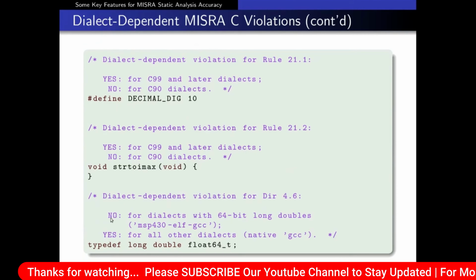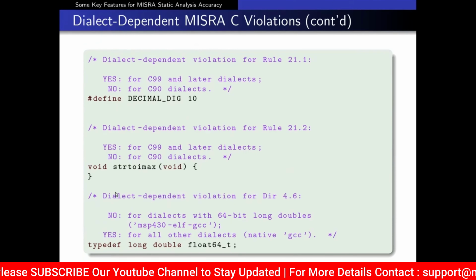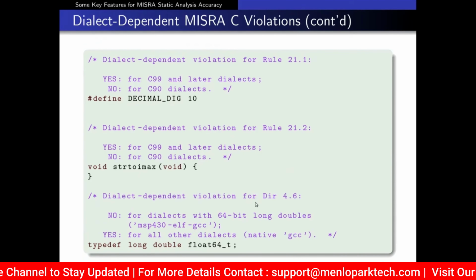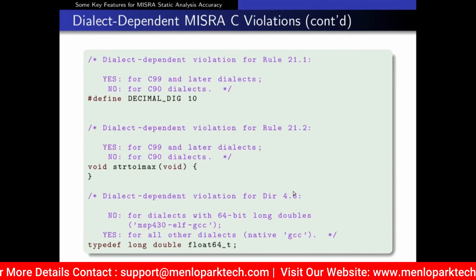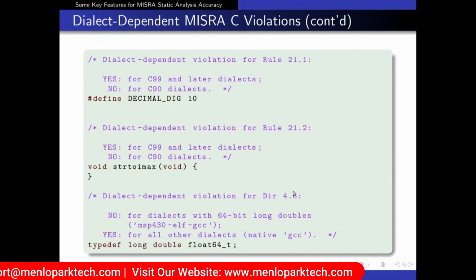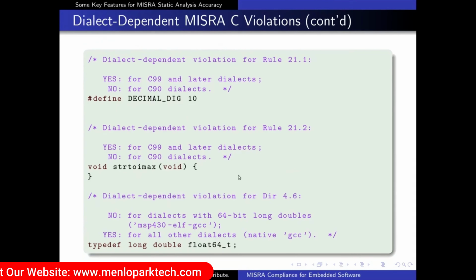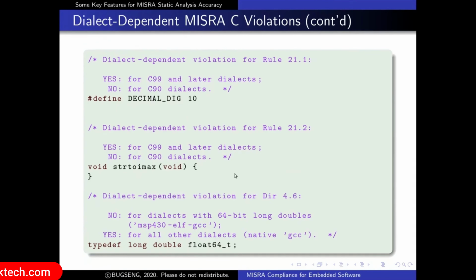Let us change topic. Directive 4.6 requires you not to use the basic data types like int, double, or long double, and it asks you to use typedefs where the number of bits is explicit.